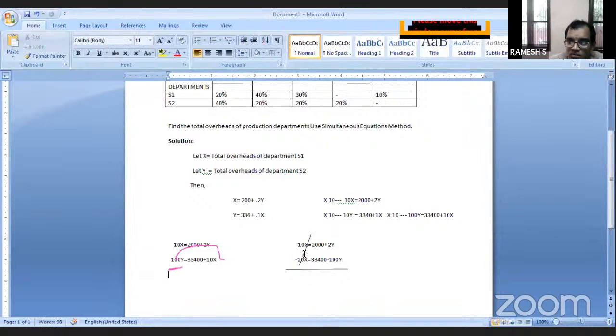You are adding now. In our example, we have deducted, but here we can add because minus 10x is already there. It is plus 10x. Plus 10x minus 10x is 0. So now coming to here.